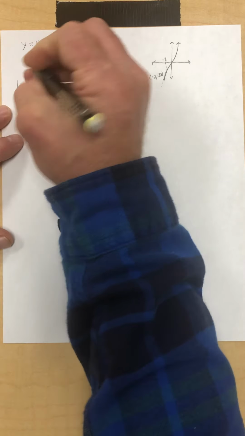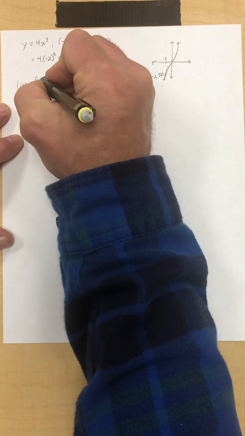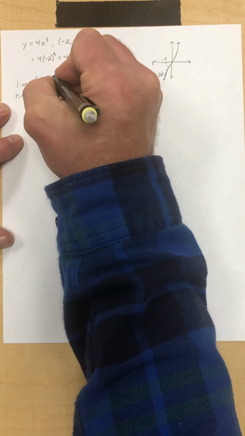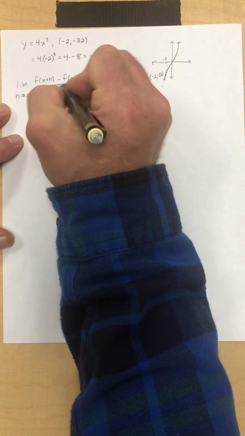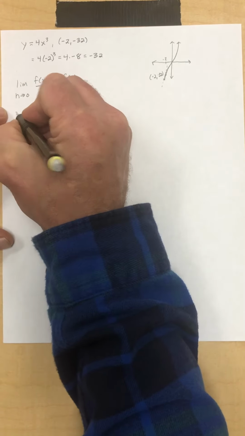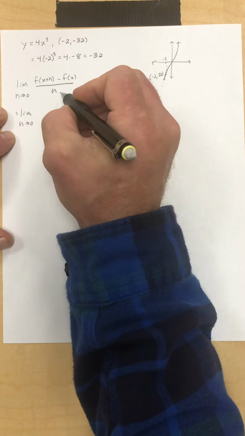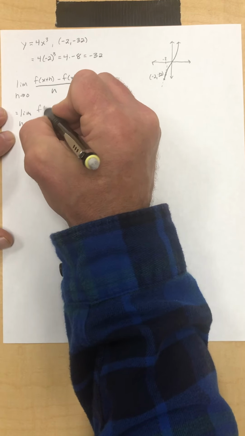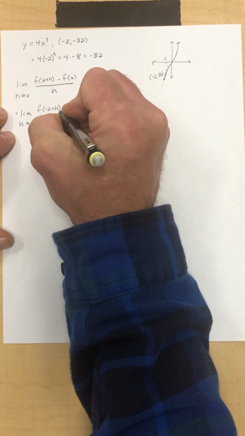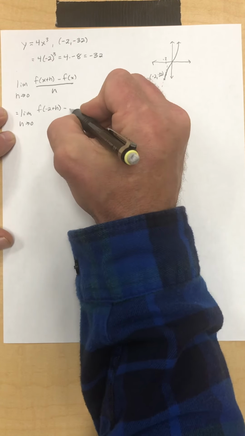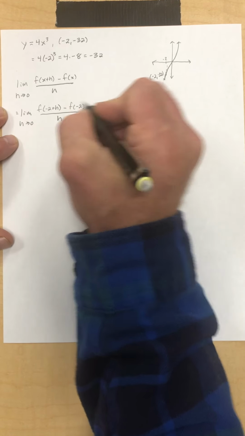So we go the limit as h approaches 0 of f of x plus h minus f of x all over h. So we get the limit as h approaches 0. Well, x is -2, so that's f of -2 plus h, minus f of -2, all over h.